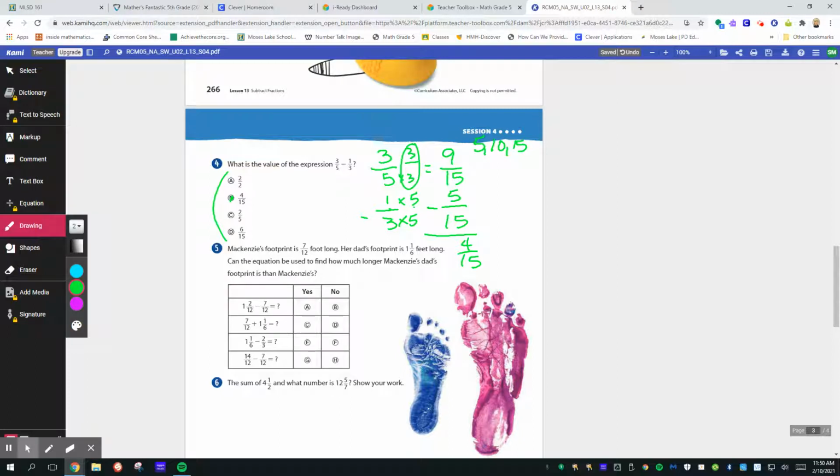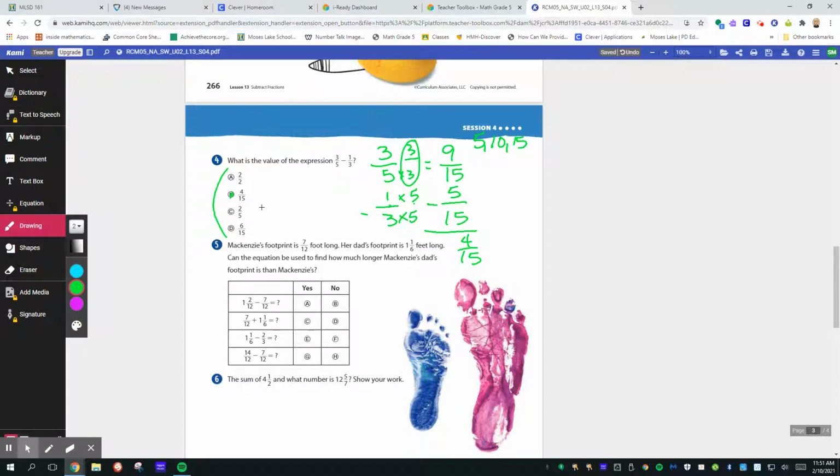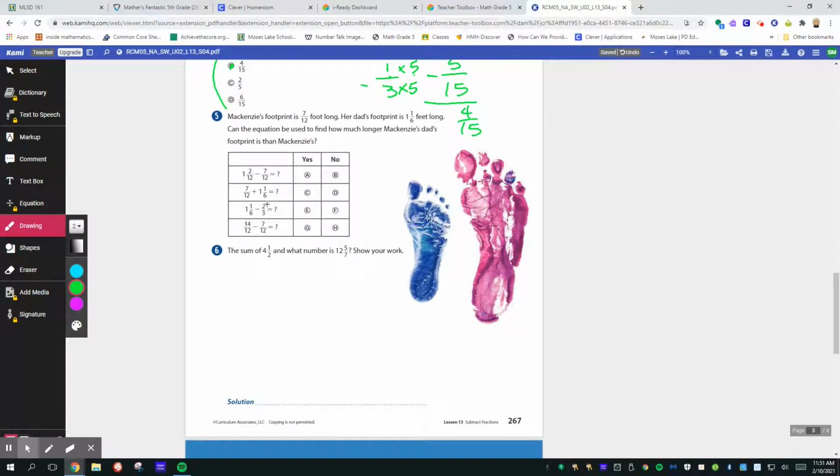All right. Mackenzie's footprint is 7/12 foot long. Her dad's footprint is 1 1/6 feet long. Can the equation be used to find how much longer Mackenzie's dad's footprint is than Mackenzie's? Yes or no? So we're going to start with 1 1/6.